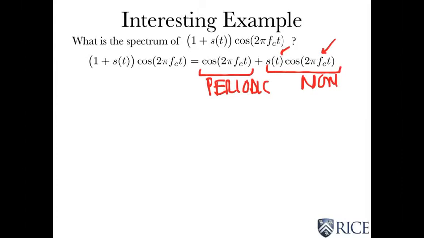Okay. So, how do you find the spectrum of this? The way you do it is you use the Fourier series for the periodic part, and that we know what to do. That gives you terms only at plus and minus fc. We'll see that in just a second.